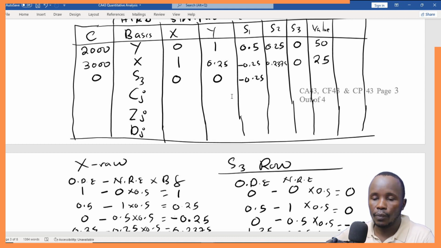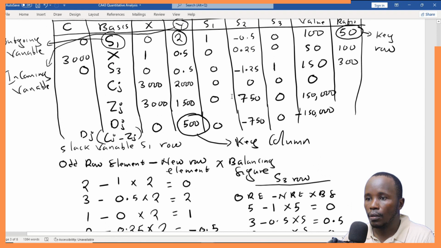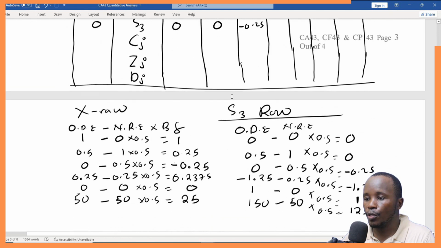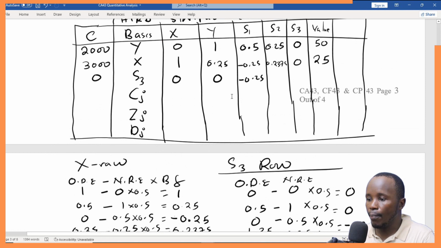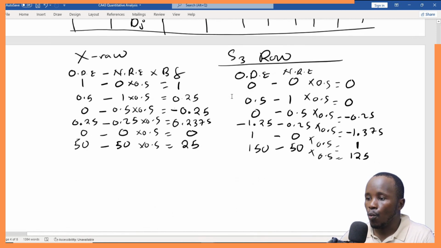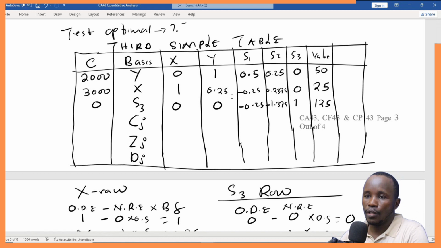Then I have negative 1.375, and then I have 1 and 125. Good. Now we have filled the 3 columns.